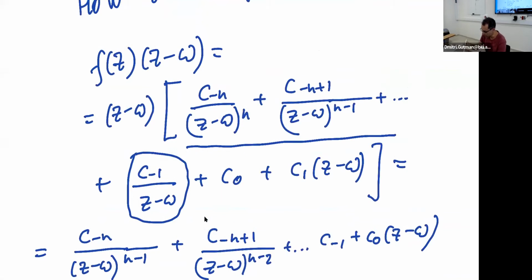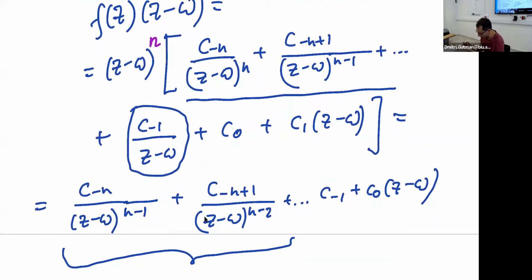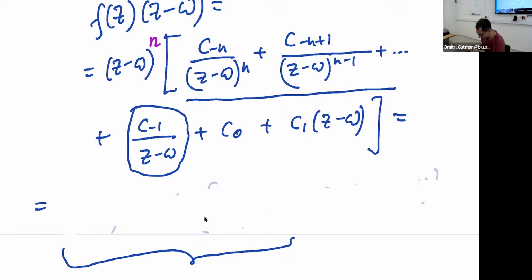Okay, that's better. So let's compute it. Let's multiply by z minus w to the power of n. Let me remove this, sorry. Let's see what happens if I multiply by z minus w to the power of n. What happens now is c minus n comes with no multiplicative factor.